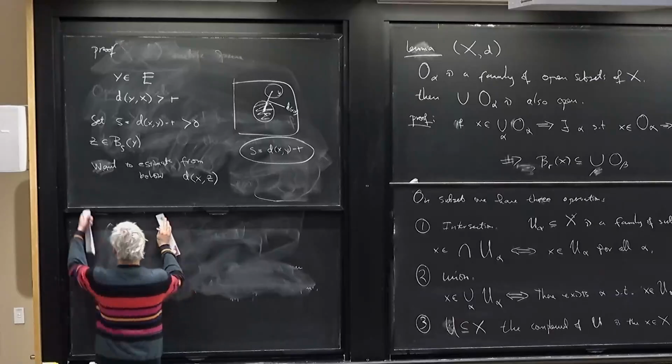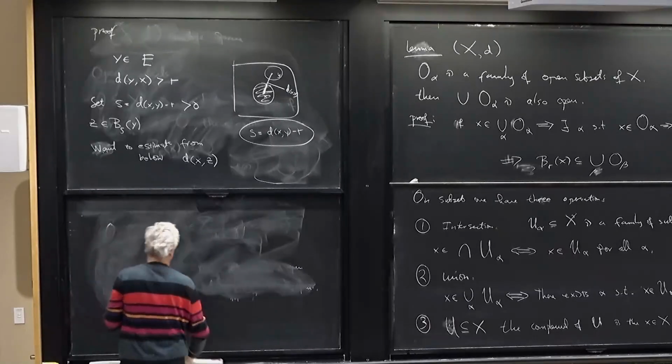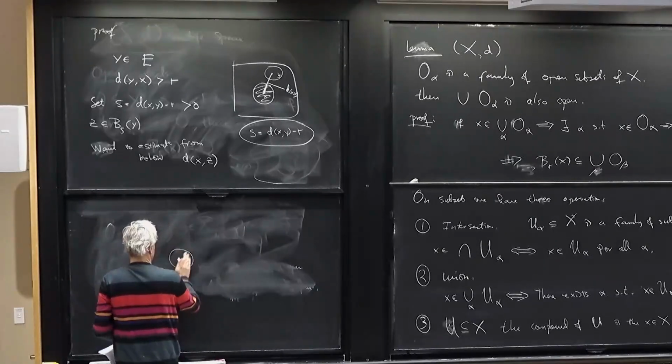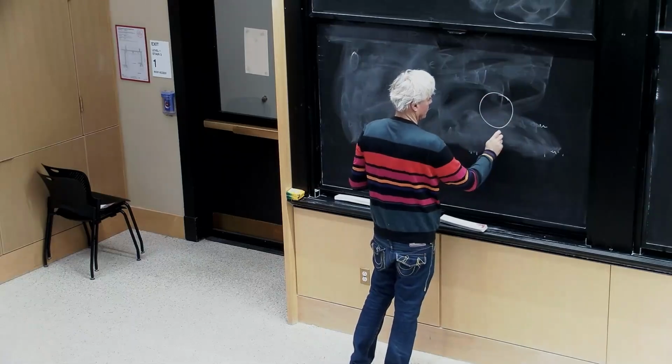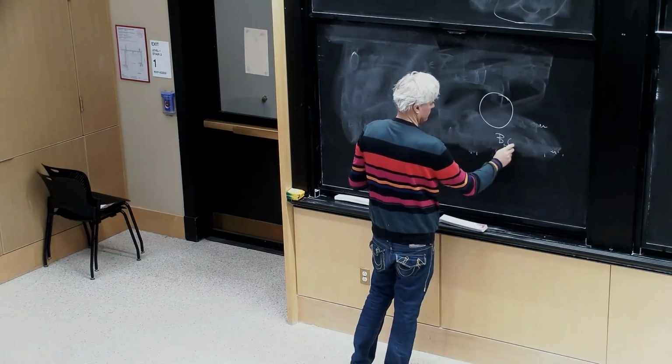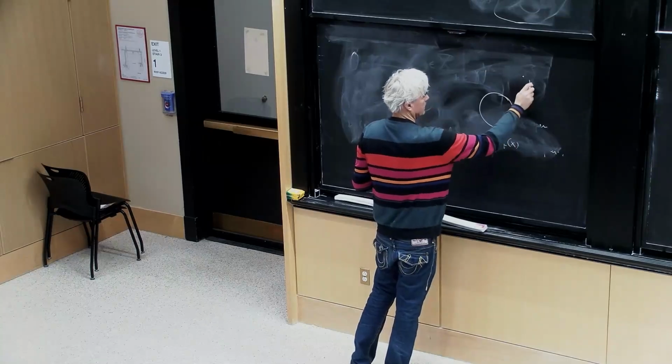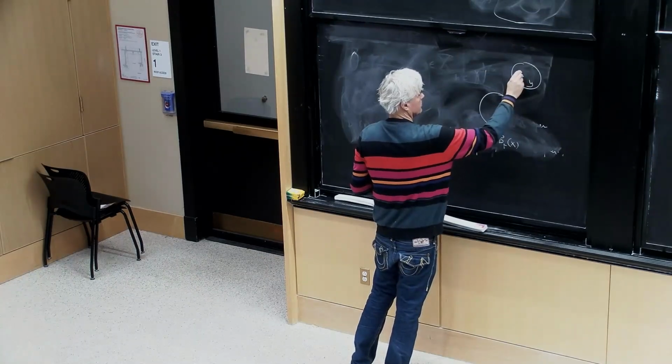So let's again draw a little picture, let me do it a little bit on the side. So I have this ball here, and I have this y here, and then I have the z here.